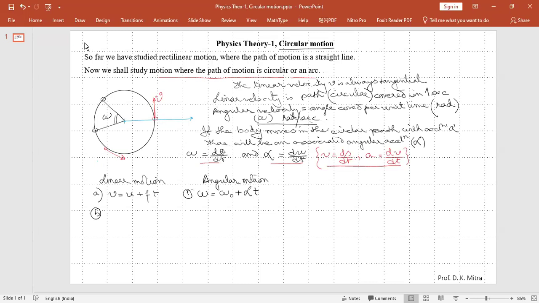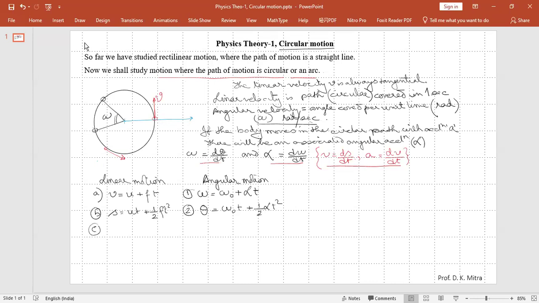In linear motion, S is equal to ut plus half ft square. In angular motion, the total angle covered theta is equal to omega naught t plus half alpha t square.